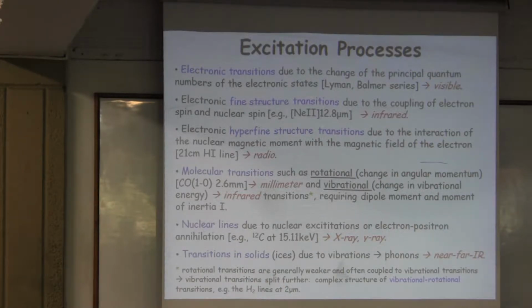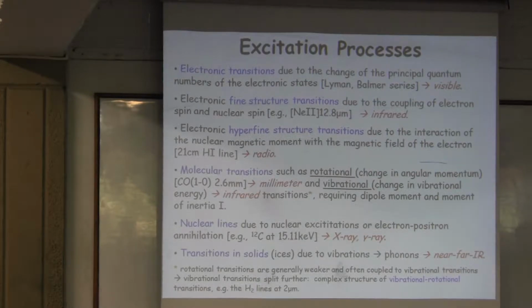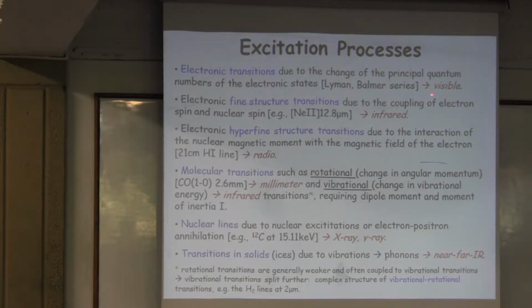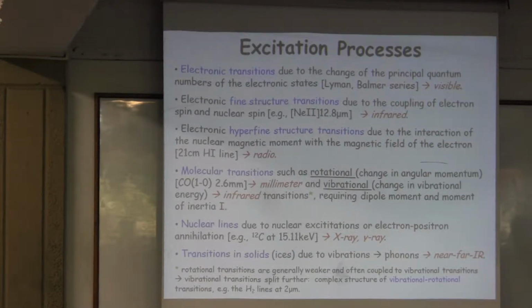But in order to build a spectrograph, of course, we need to know what wavelengths we want to build for. And so we should remember there are many transitions in all kinds of systems that can contribute to very discrete emission wavelengths. What I've drawn here is the hydrogen atom, of course. These are electronic transitions, which change the principal quantum numbers, like the Lyman values, and they contribute here in the visible range.